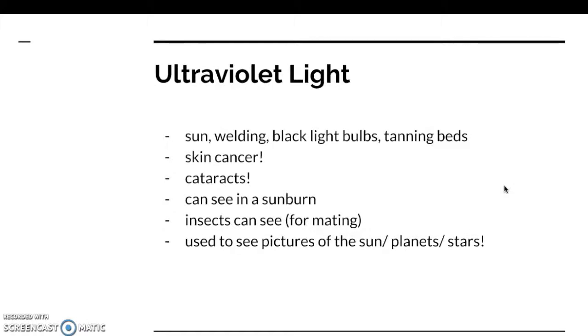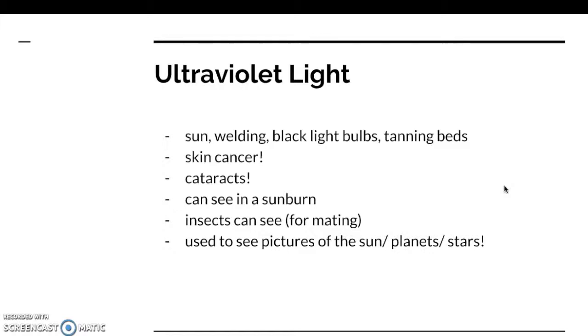Okay, ultraviolet light. So, it's found in a lot of places such as the sun, welding, black light bulbs, and tanning beds. But you've probably heard about this with the controversy over tanning beds.